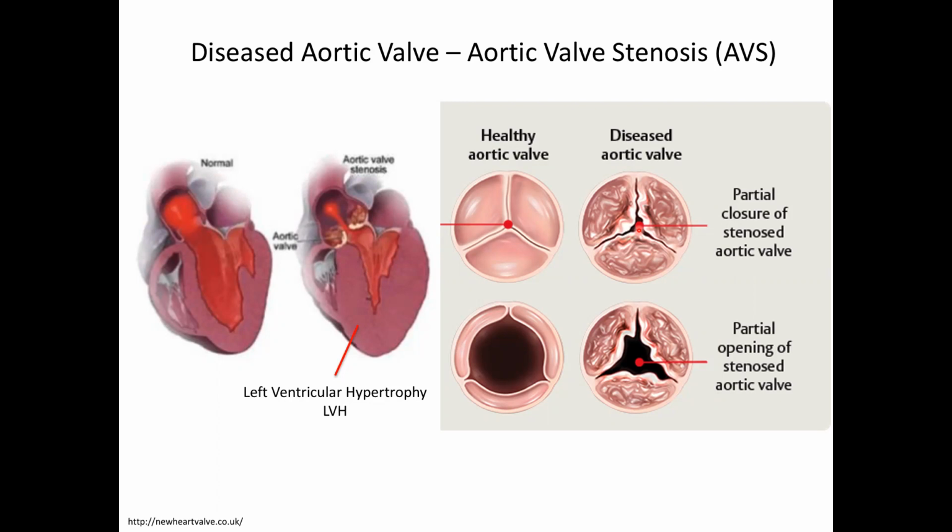The bad part about cracking somebody's chest, obviously, is they have to get over that itself, right? So when you crack somebody's chest, there's a lot of recovery period for the surgery. You have to put them under anesthesia, deep anesthesia, which carries its own risks, etc. Right? So people have come up with new ways of putting valves in here.